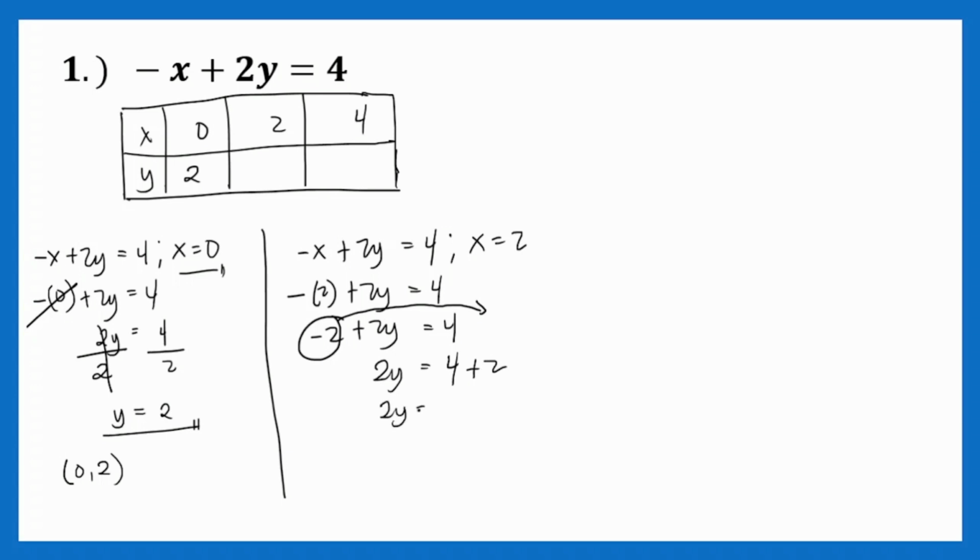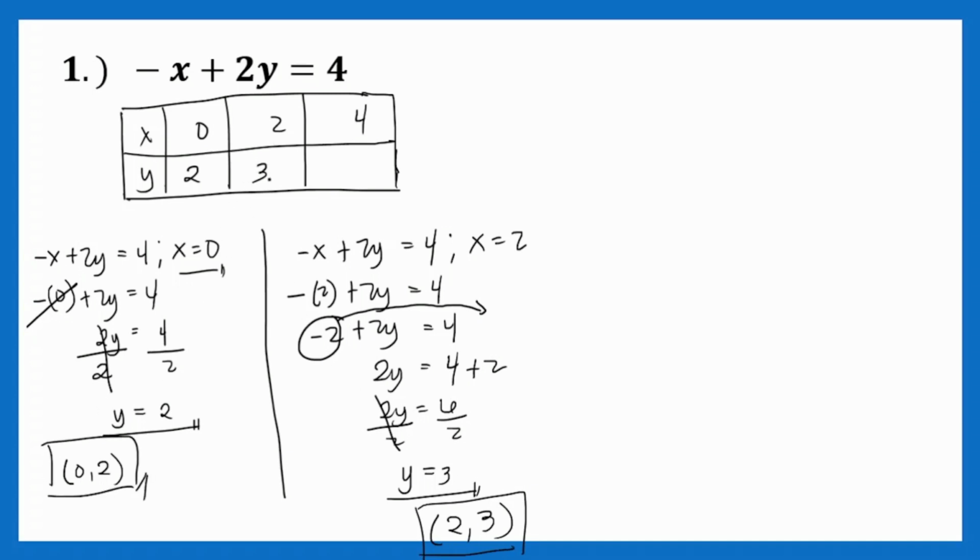So, yung 2y is equal to 6. Then, since bawal naman may katabi pa yung y, dapat kasi totally y lang. Divide this by 2, divide this by 2. Then, tanggal na. Then, y would be 3. Ayan. So, we have 2, 3. So, eto ngayon ang second point natin. 2, 3. So, lagay mo yung value ng y doon sa itaas, sa table of values natin.